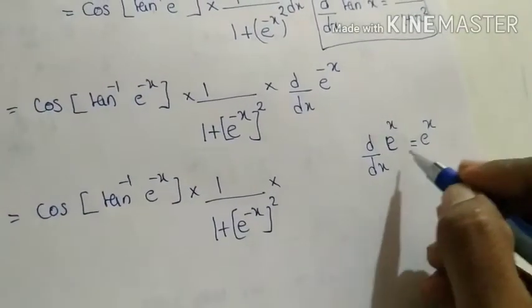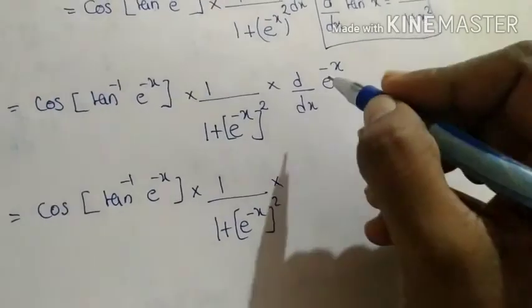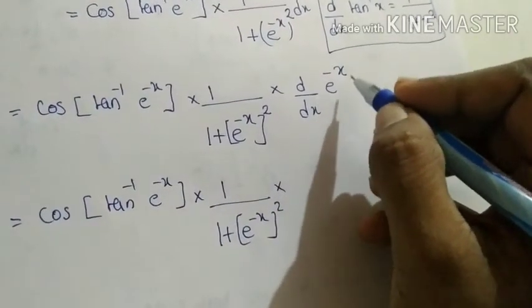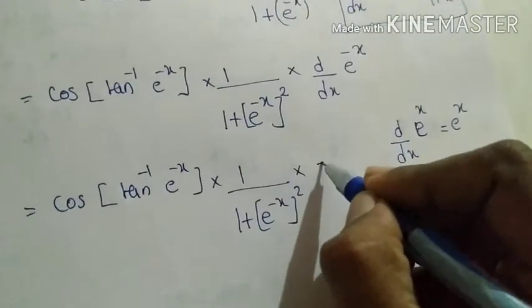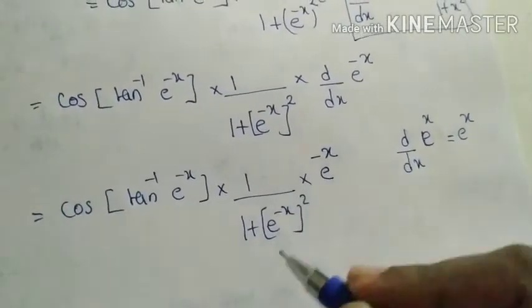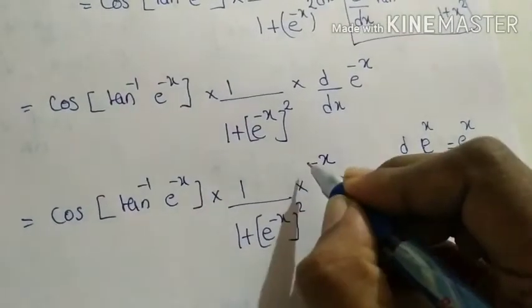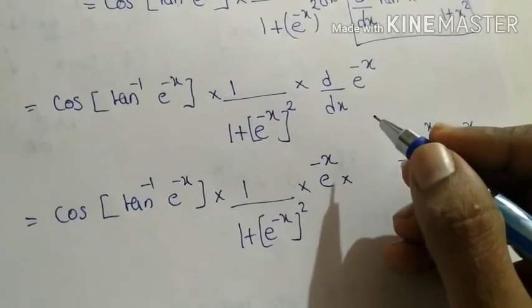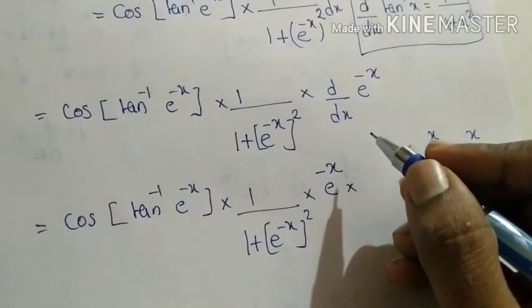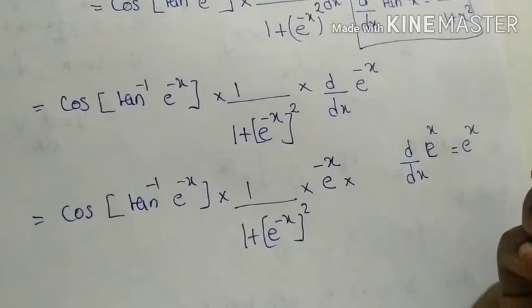If derivative of e raised to x is e raised to x, then derivative of e raised to minus x becomes e raised to minus x into, here minus x is again a function. So here we need to apply chain rule again.